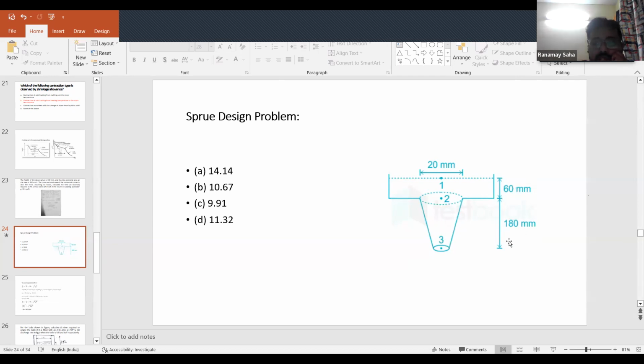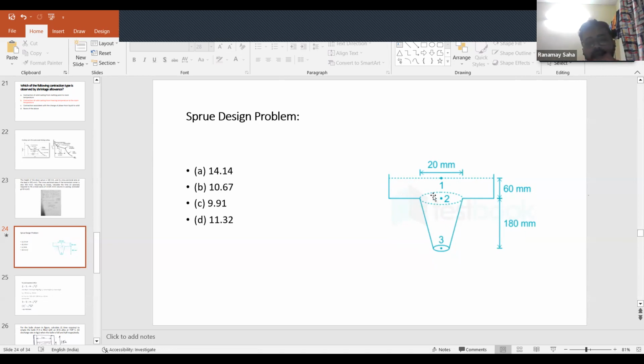You have the screw height as 180 mm. You have the diameter of the top surface, that is the larger diameter, as 20 mm. Now using that, you have to find out the diameter at the bottom of the screw, at point 3, as shown.